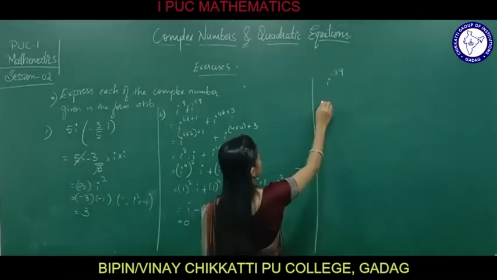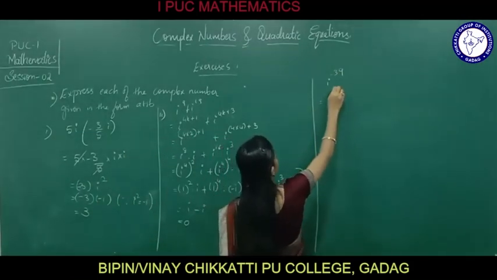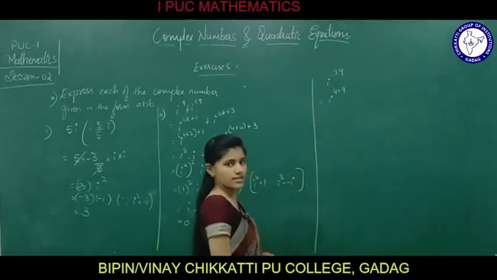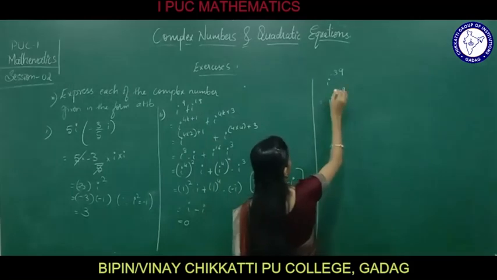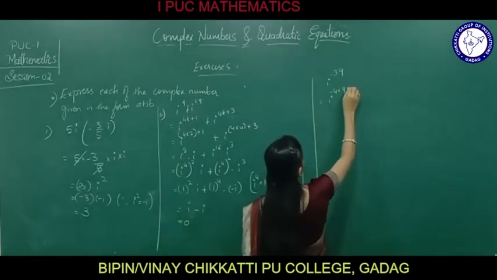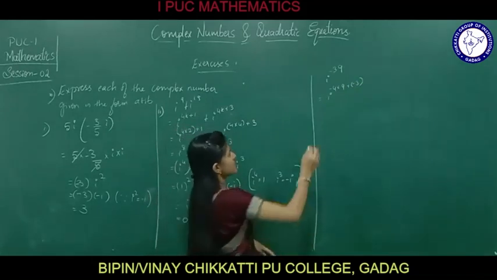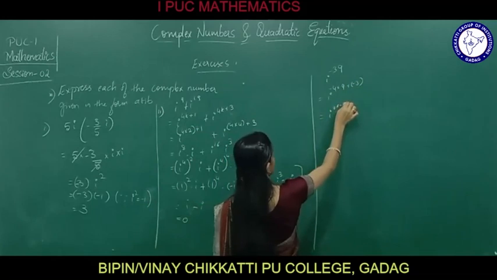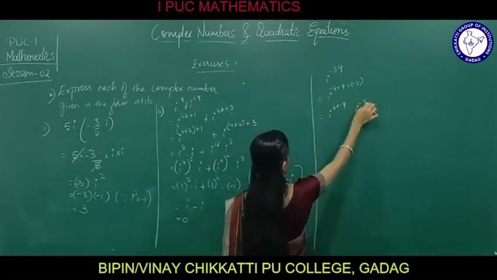Same way, just go on writing. i raised to minus 4 into 9, since 9 fours are 36, and then plus minus 3. So this can be simplified as i raised to 4 into minus 9 into i raised to minus 3.